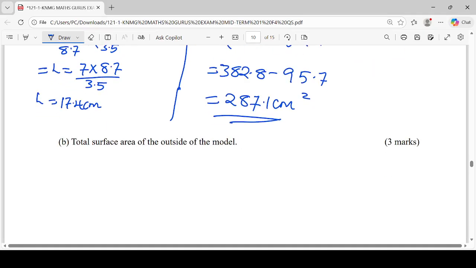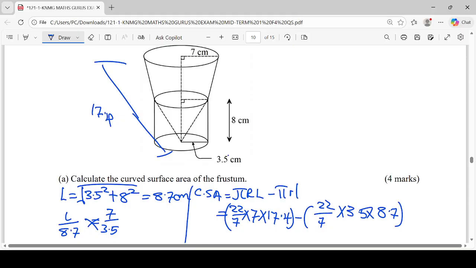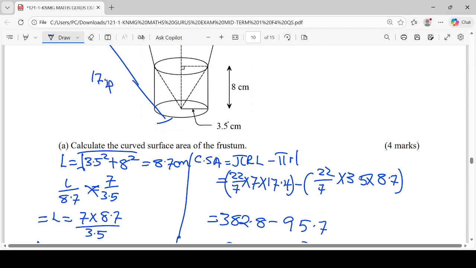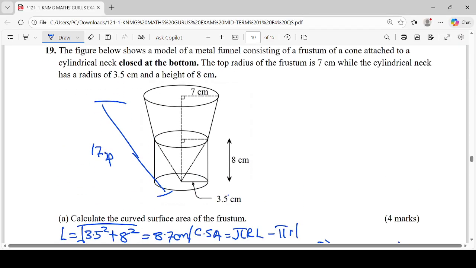Part B, the total surface area outside the model. Because we have already found the curved surface area of the frustum, we also now need to consider the circular parts.